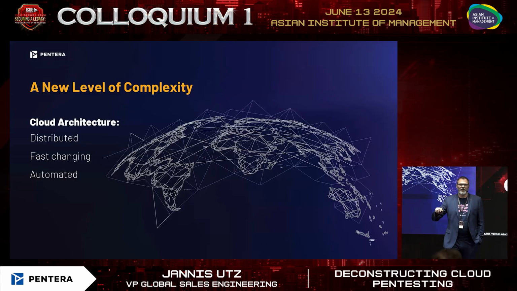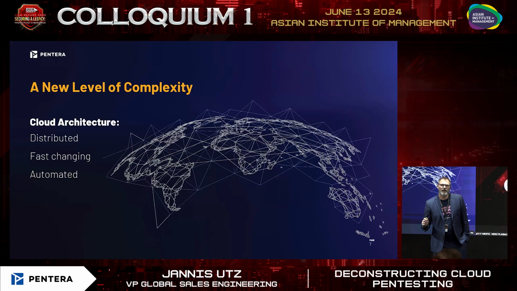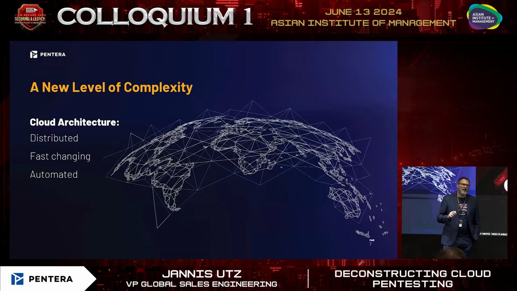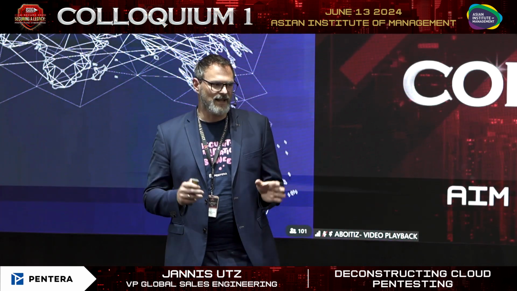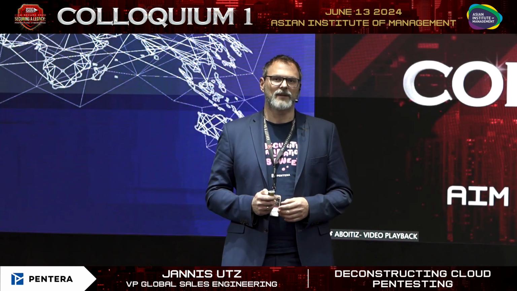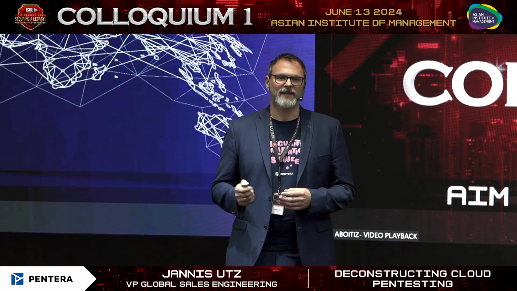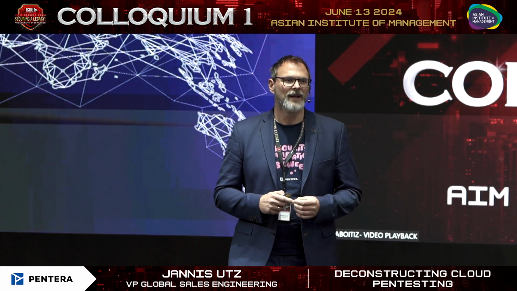I'm saying the cloud itself is not new, but I think there is an extra level of complexity that is growing on us. Obviously, cloud architecture itself is distributed, but if we put on-prem in the bucket, it's even bigger. It's everything. It's like asking what's your perimeter. It's everything.